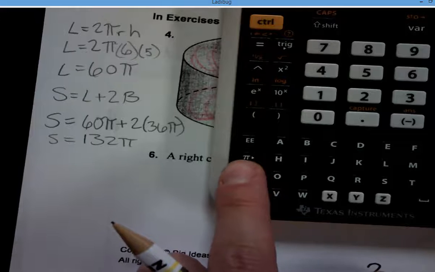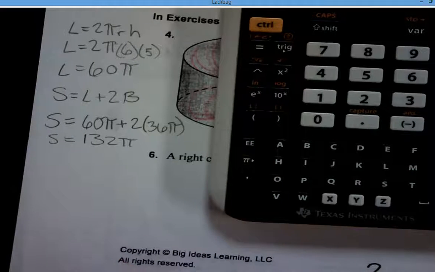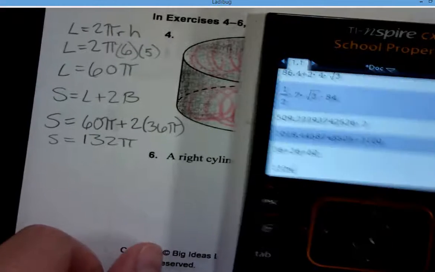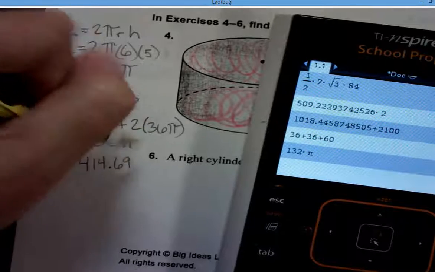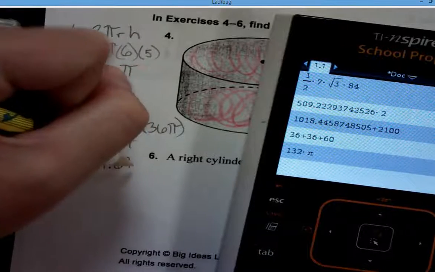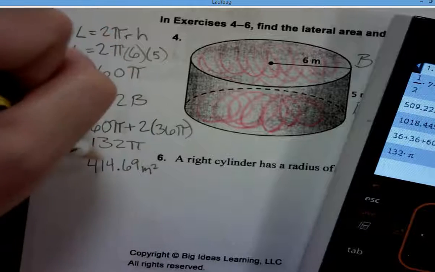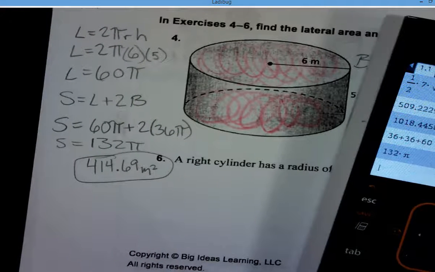So 132 times pi is 414.69. On Big Ideas, it does ask for it to the nearest hundredth, so decimal form. If it asks for it in terms of pi, that's what we'd be looking for.